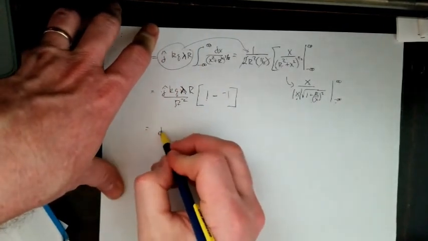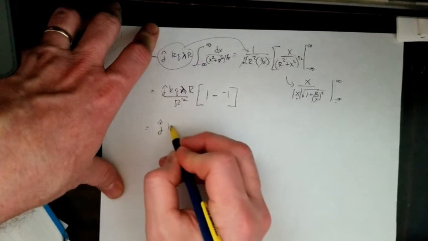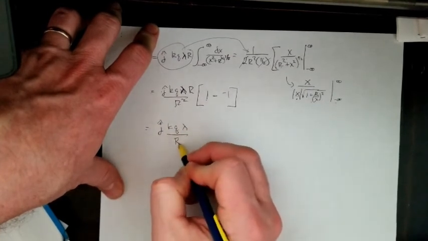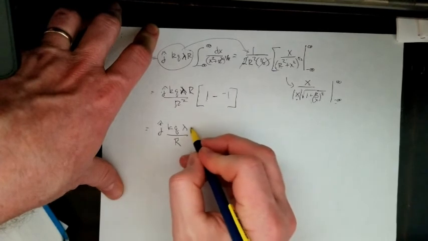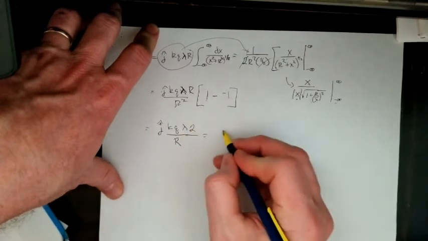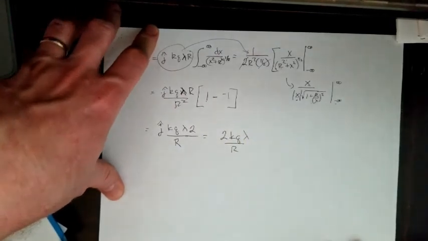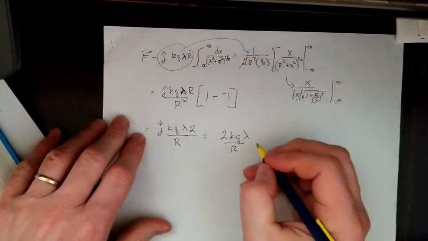So I end up with j hat k q lambda over r times 2. Or in more traditional form, 2kq lambda over r. And so that is in the j hat direction.